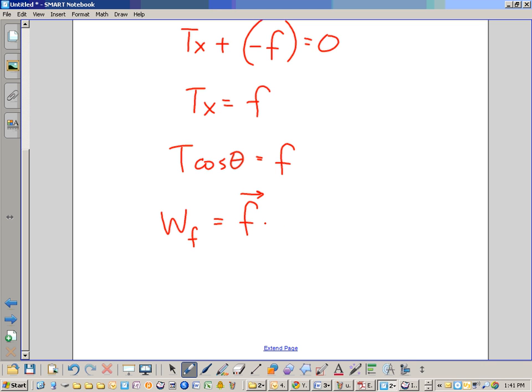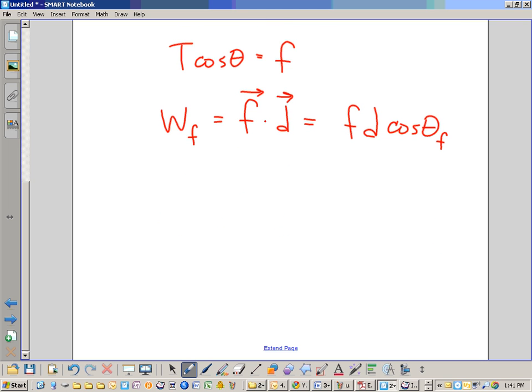Here we'll do it as a dot product again, so we can show it more formally. That's just going to be friction times distance times the cosine of the angle between friction and the displacement. And what is that angle going to be? Excellent. So the work done by friction is going to be equal to, and of course, that's cosine of 180, which is equal to what?